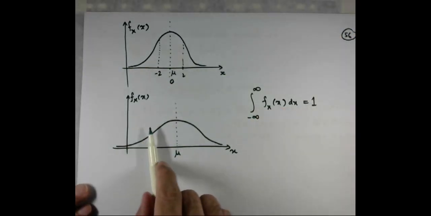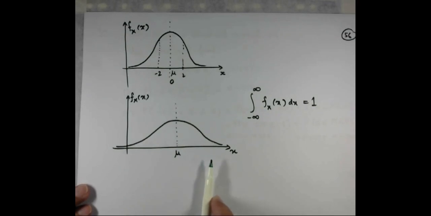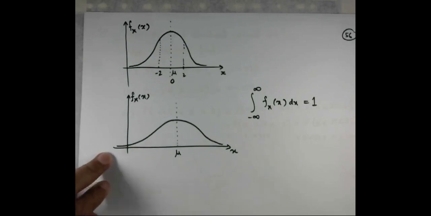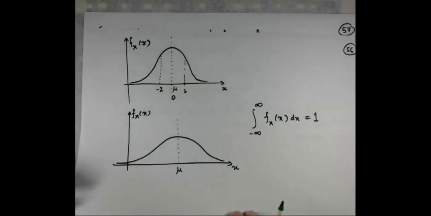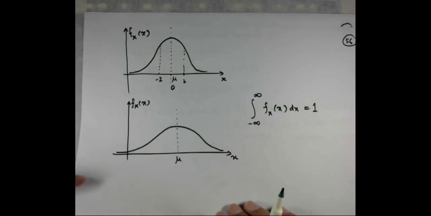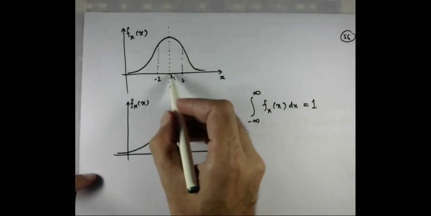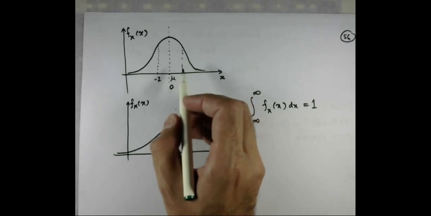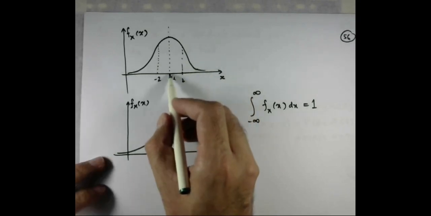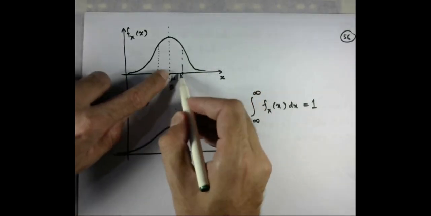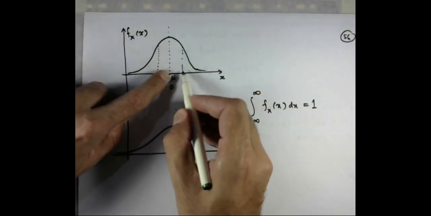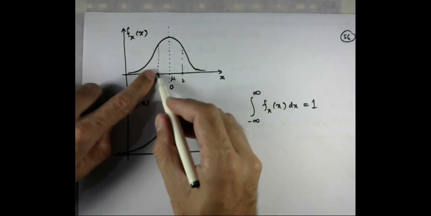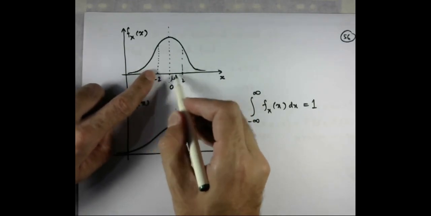If the distribution is flatter, it means variance is larger. And using the symmetry property, we can find the probabilities in any interval using the table that I had shown you. Because of symmetry, if you know the total probability from 0 to 2, you automatically know the probability from -2 to 0, because this is exactly the same probability.